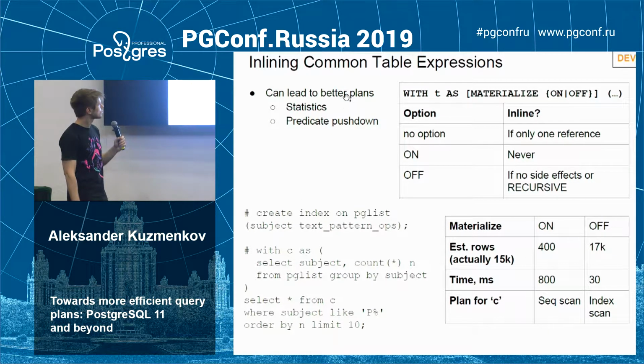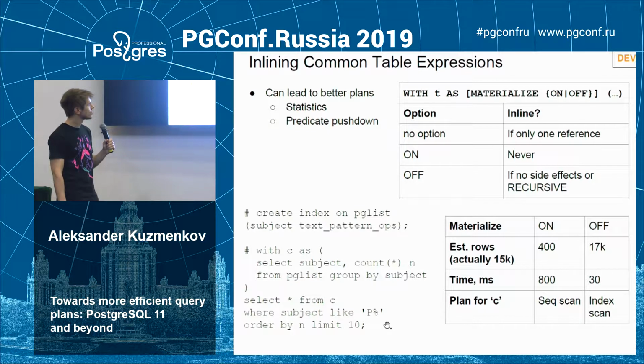Let's have a look at the example. A very simple example. We have a CTE that calculates the number of messages across all subjects, and then we just decided to filter it with the subjects starting with P, the most popular ones.